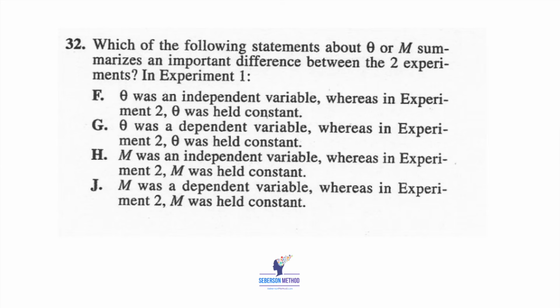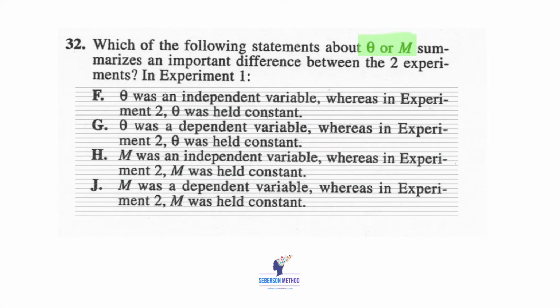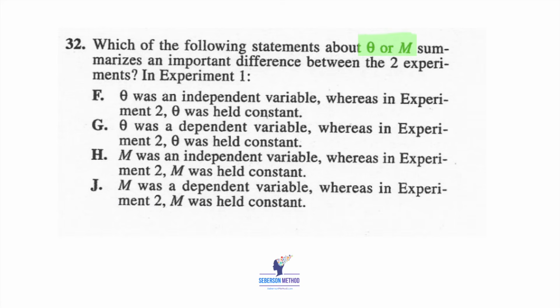This is from B02. Question number 32. Which of the following statements about theta or M summarizes an important difference between the 2 experiments? In experiment 1, and then if we do the vertical scan of the answer choices, we can quickly see that it's tied to something being the independent variable and something being held constant.